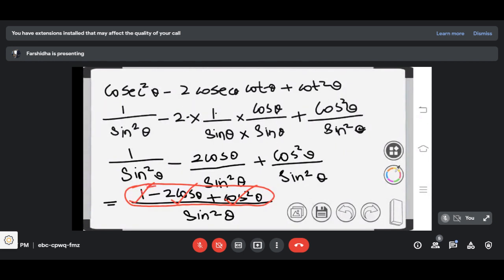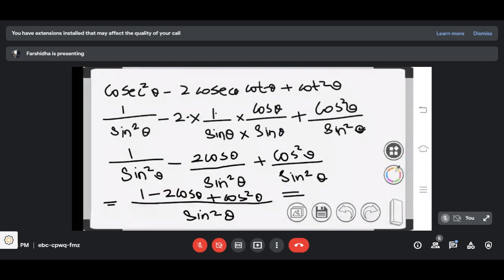So a square minus 2ab, 2 into 1 into cos theta, plus cos square theta. What is a? 1.